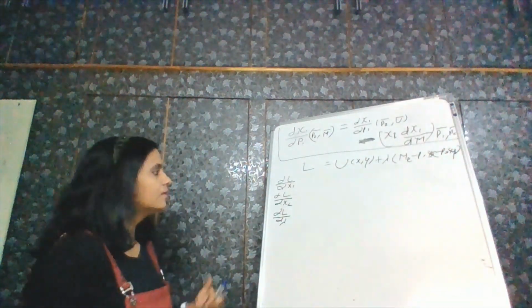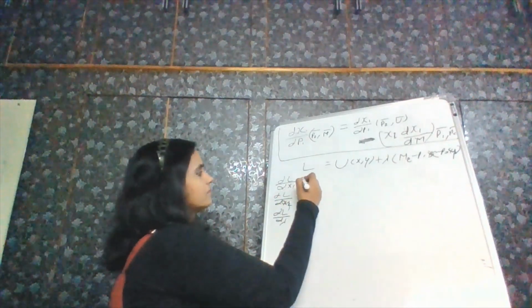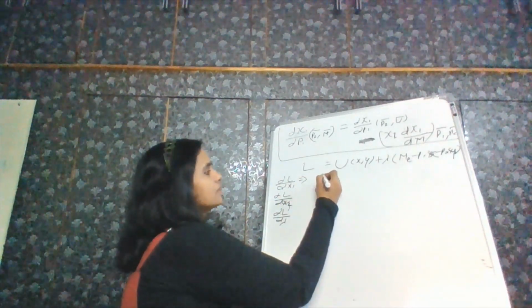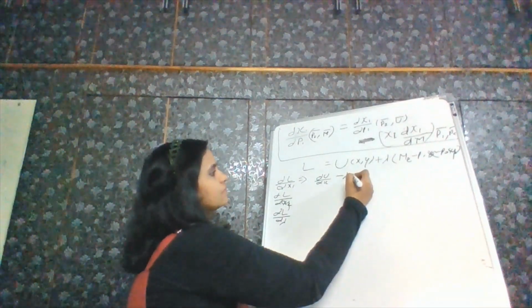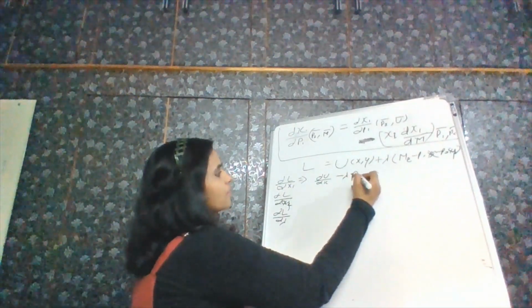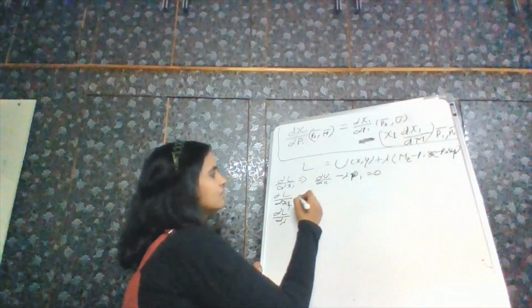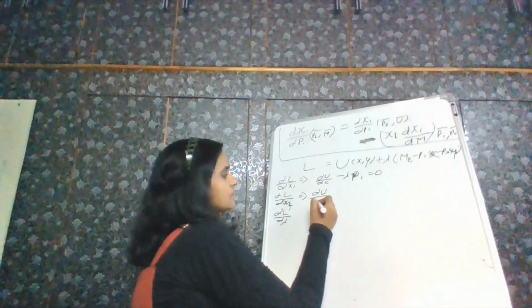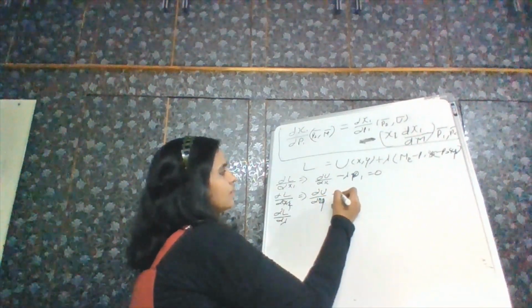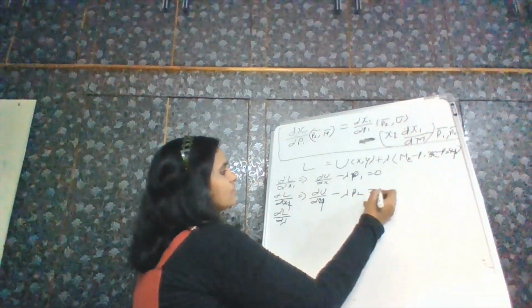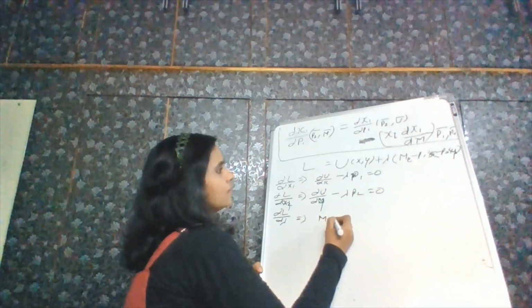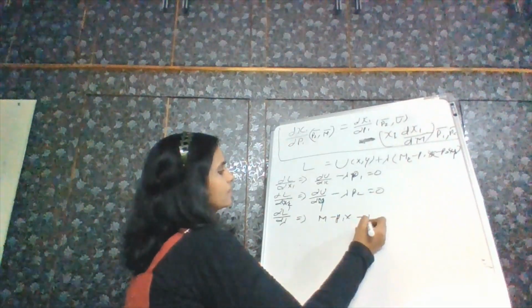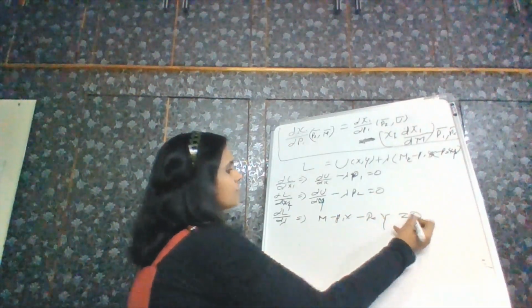This will become dU by dx minus lambda p1 equal to 0, dU by dy minus lambda p2 equal to 0. This will become M minus p1x minus p2y equal to 0.